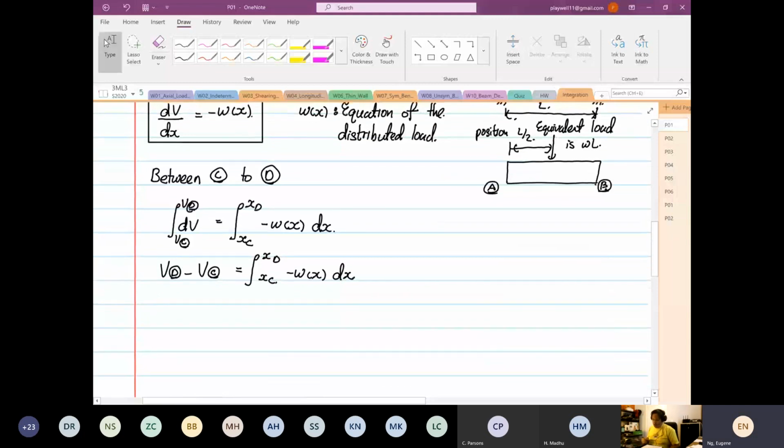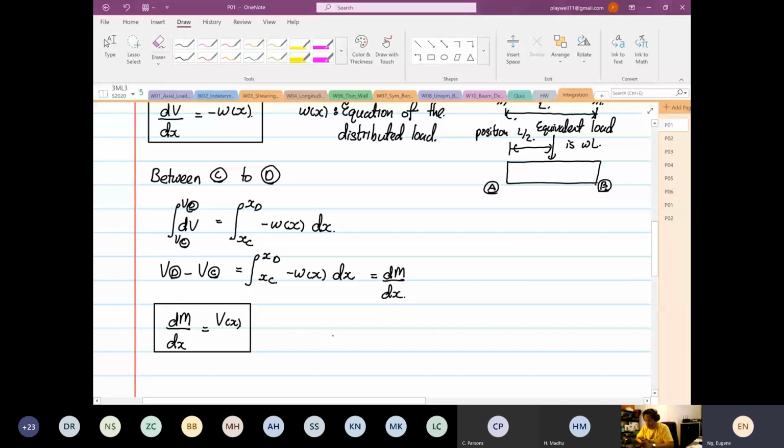Then the next thing that we have is dM by dx. So this is also equal to dM over dx, which is equal to V as a function of x. This is another expression for the integration method that's rather critical. When you differentiate moment as a function of x, it is equal to your shear force.